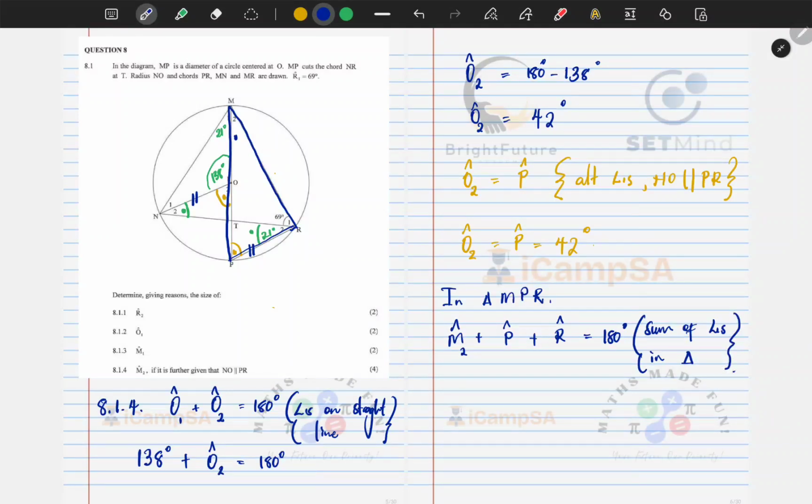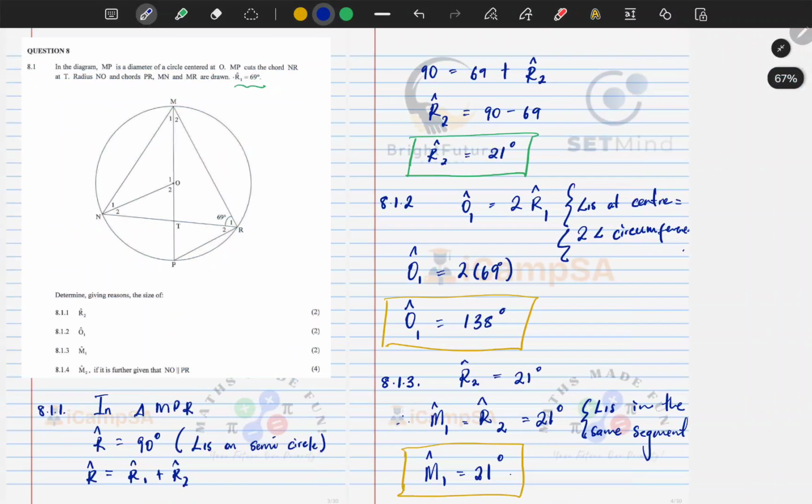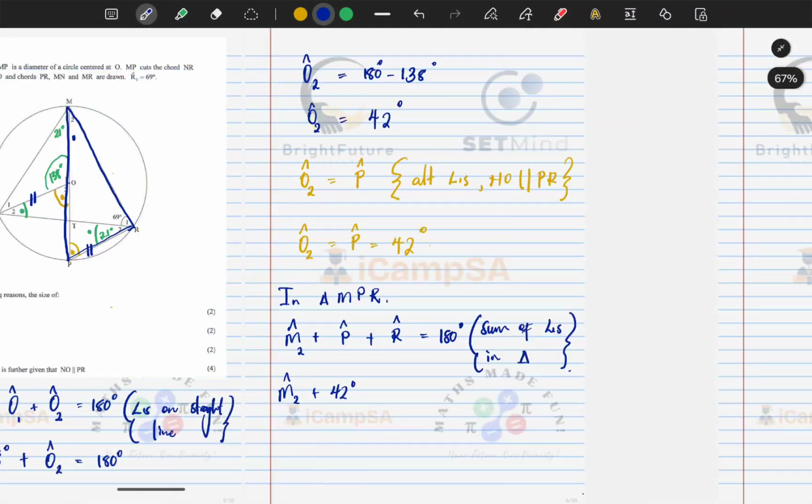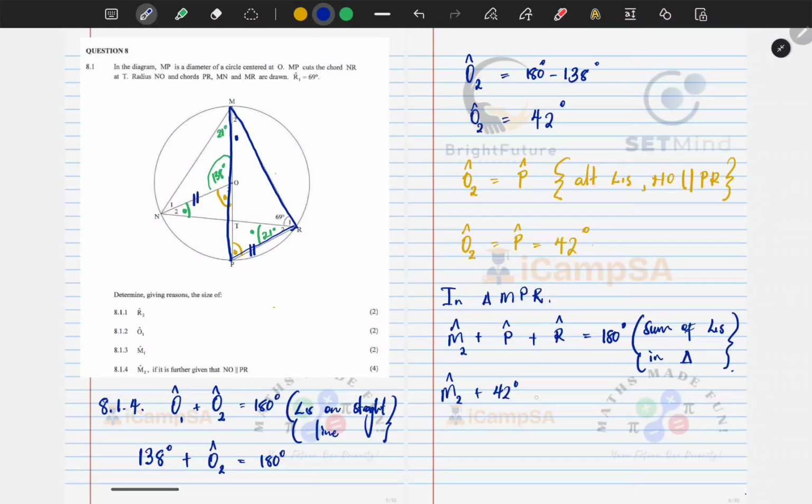So M2 is what we are looking for. We are looking for M2 plus, what is P? We already know that P is 42 degrees. What is R? R is 90 degrees. Remember, we did even say here that R is 90 degrees because it's angles on a semicircle. So M2 is equal to 180 minus 42 minus 90.